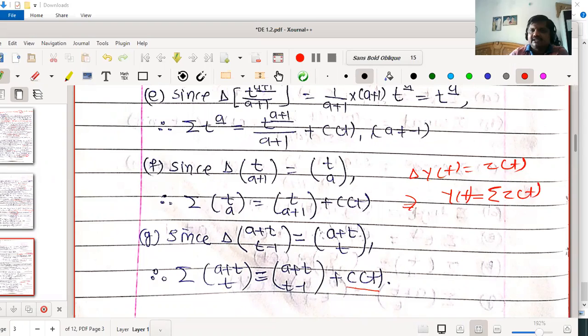And after that we can write c of t, where delta of c of t equal to 0. And then second thing is, if this t is set of either integers or natural numbers, then delta ct equal to 0 implies ct equal to c, and if it is real number, then delta ct equal to 0 implies ct is a periodic function. So very simple concept of summation is there.